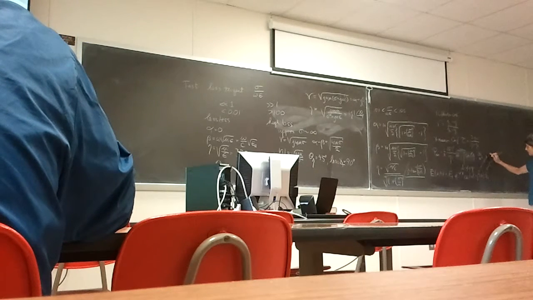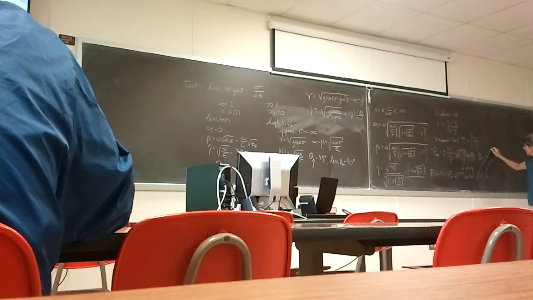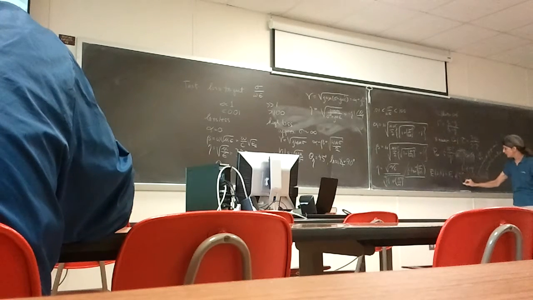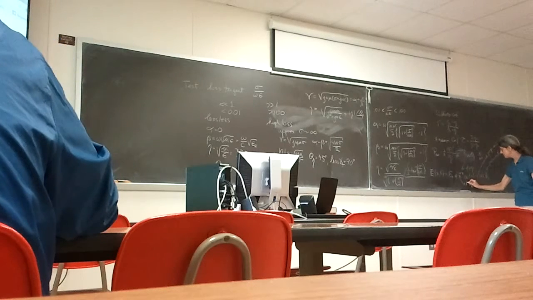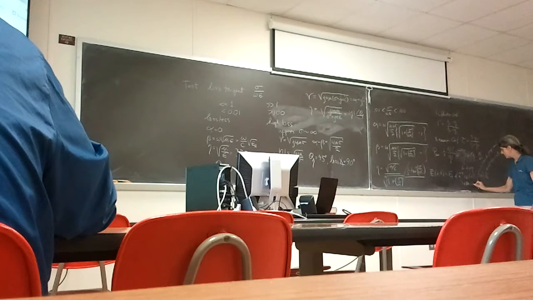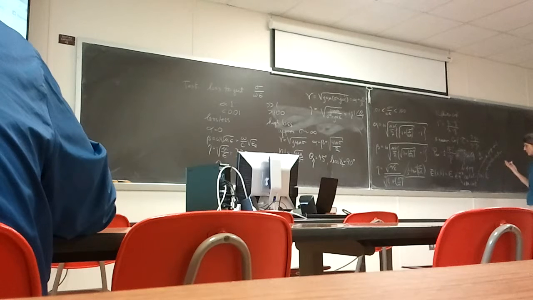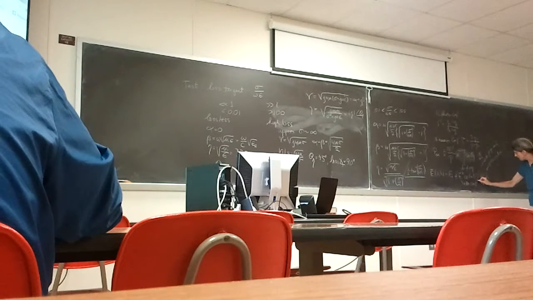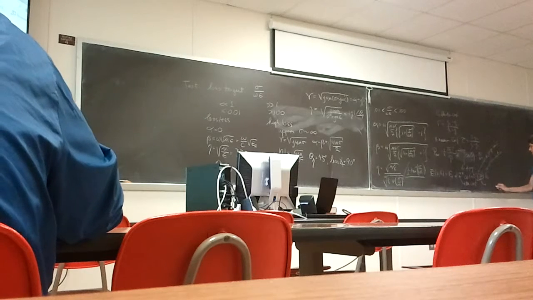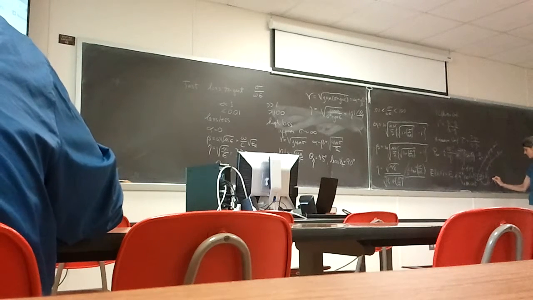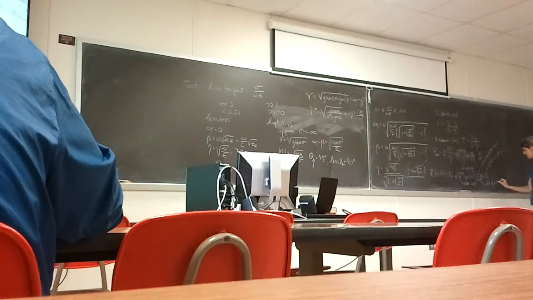What's the other number? Propagation. Alpha is the attenuation constant. Omega is the frequency. These two together, Z and the sign, give you the direction of propagation. Remember, if that's negative, it's going in the plus Z direction.